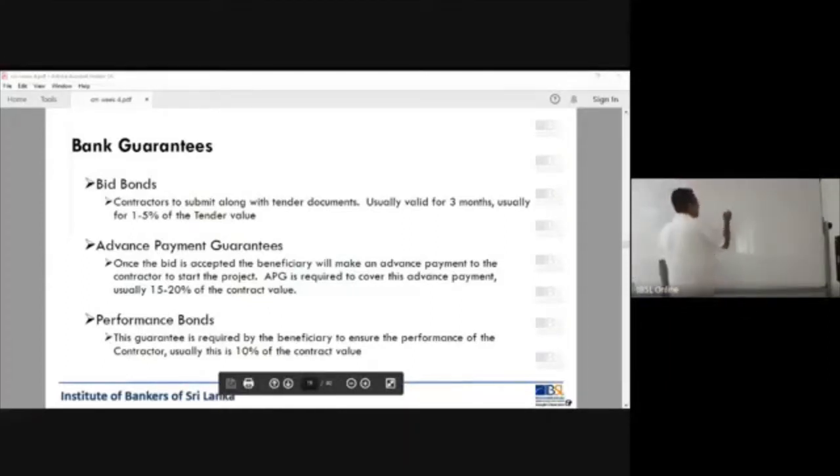We have first type of guarantees, tender bonds. You know what a tender is, right?